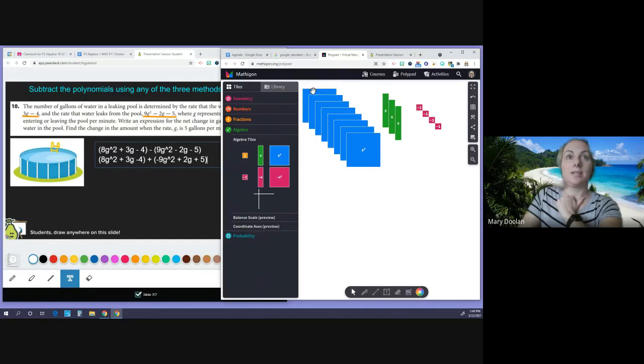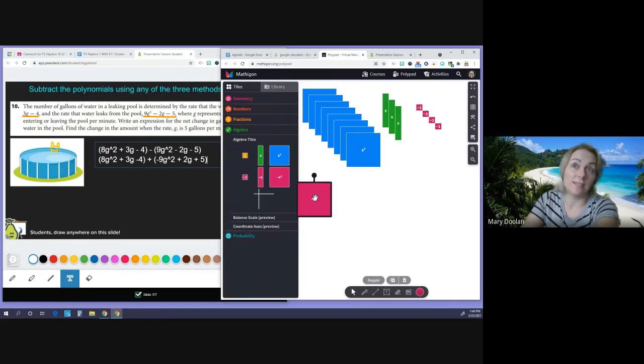Here is 8g squared because there are 8 blue x squareds. This is 3g because there's 3 of the variable x, which is g. And minus 4 is 4 pink negative ones. And now I'm going to add negative 9g squared. So that's negative 9 of these.